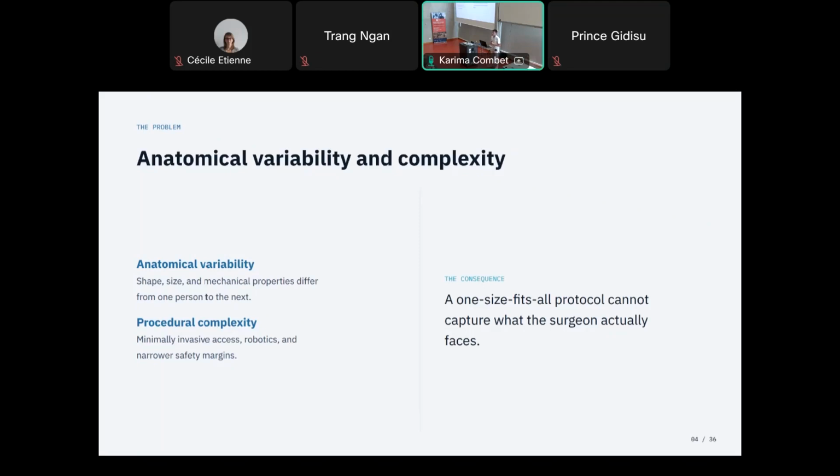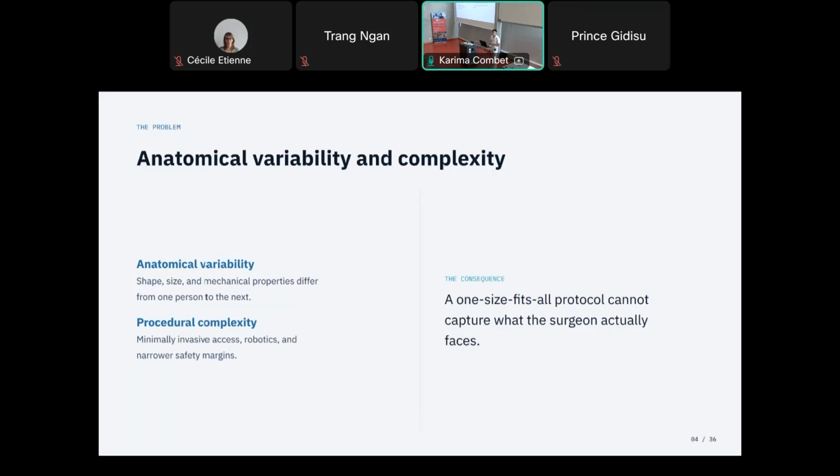Add to this the growing complexity of modern procedures like minimally invasive surgery, robotic assistance, or narrow safety margins, which complexify the surgery.